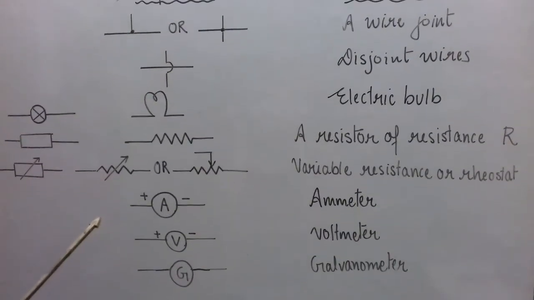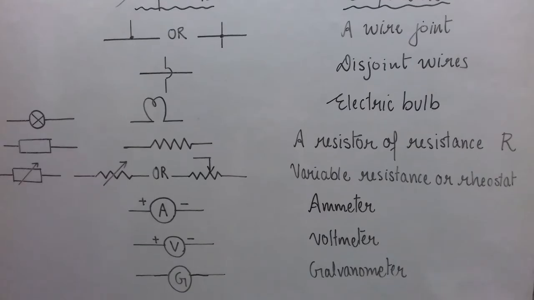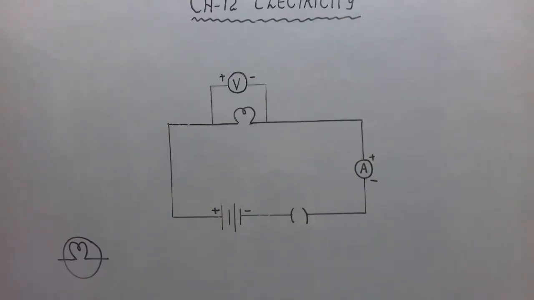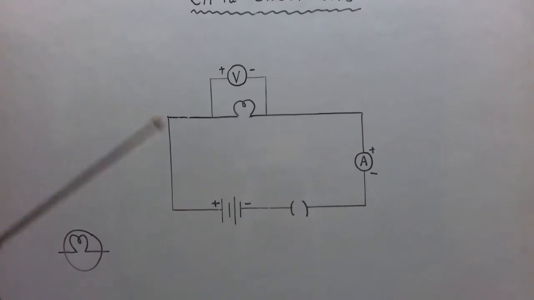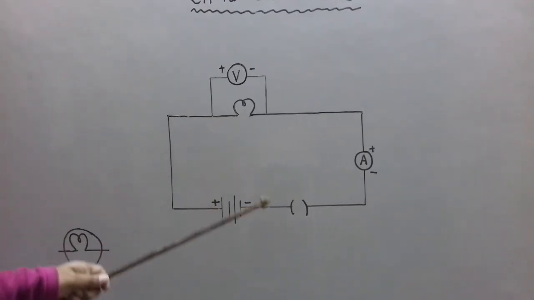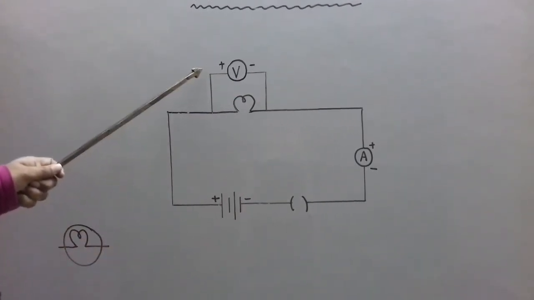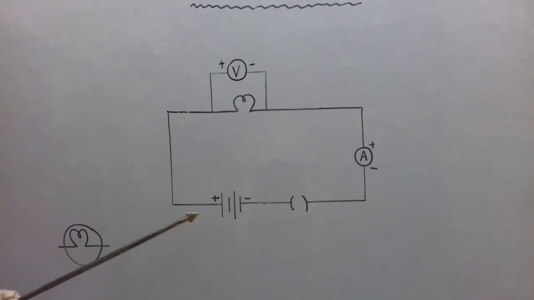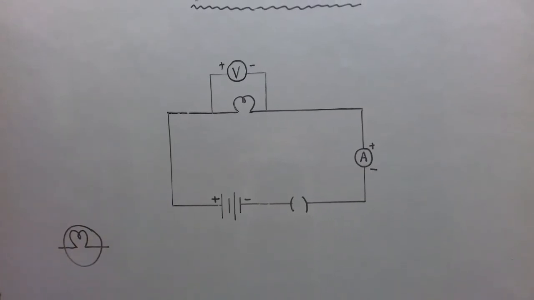Learn these symbols properly, and now I'll explain a simple circuit. Let us consider a very simple circuit. Here, this is a simple circuit diagram in which we have a battery, bulb, key, which is open, an ammeter, and a voltmeter. As I have told you, in any electric circuit, an ammeter is always connected in series.